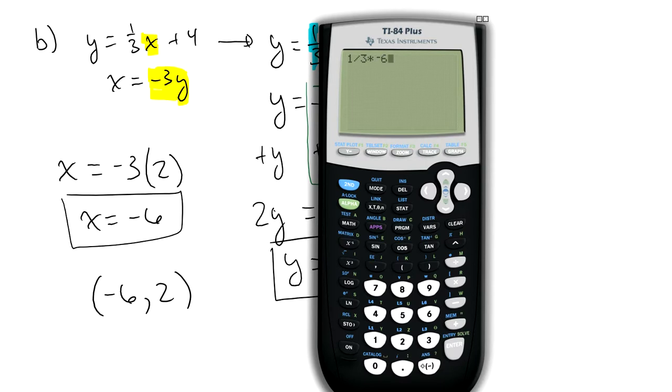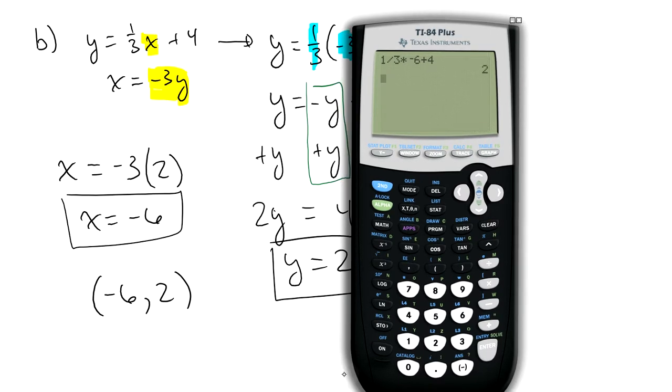Again, I'm using this button down here on the bottom right with the negative on it. That's negative 6. And then I'm going to just add 4 to that, plus 4. And when I press equals, I should get y. I should get the number 2. And you can see I do get 2. So when I fed negative 6 into that equation, it produced an output of 2 for y. So it totally checks. Let's move on to C.